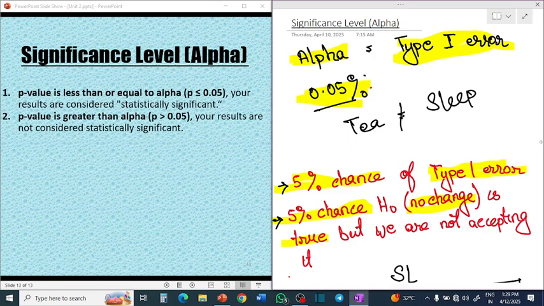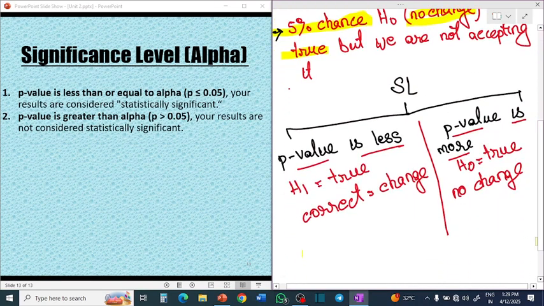Now, there are two cases for the significance level. First, our p-value, probability value, or our chance of randomness is less than the significance level. And second, the p-value or the chance of randomness is more than the significance level.